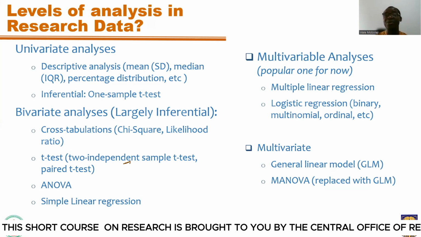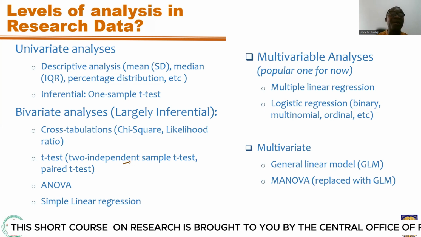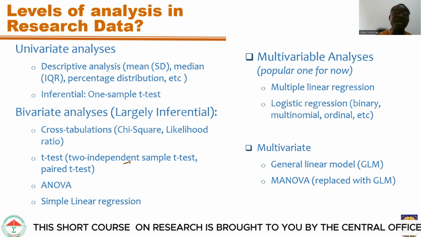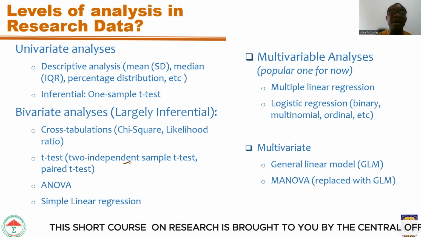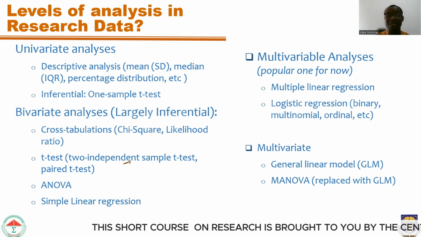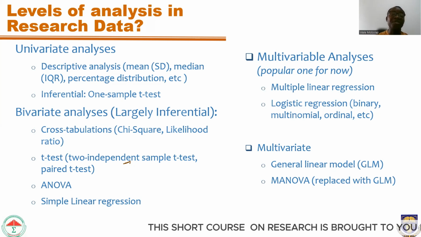There's a difference between multivariable and multivariate. So, for univariate analysis, you want to describe your data, descriptive analysis. If it is numeric, you want to talk about the mean, that is the measure of centrality. And as you are looking at the measure of centrality, you want to look at the measure of dispersion alongside.